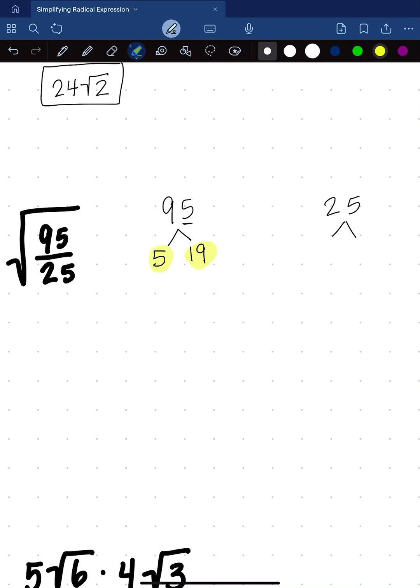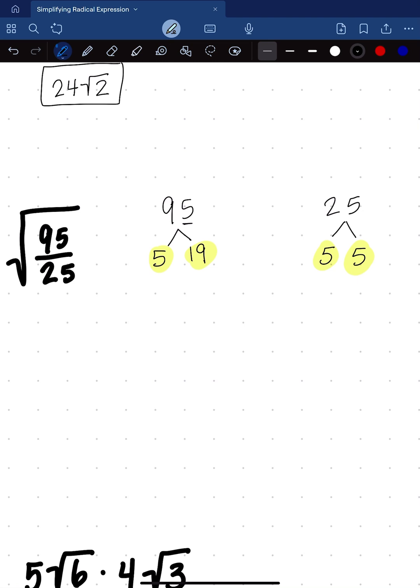So that's it for prime factoring 95. For 25, you might have noticed that it is a perfect square. We take 5 times 5, so the prime factors for 25 are 5 times 5.